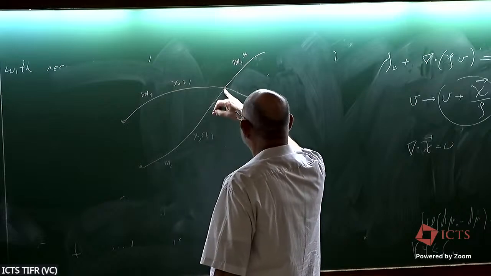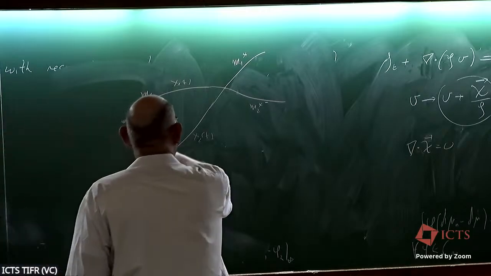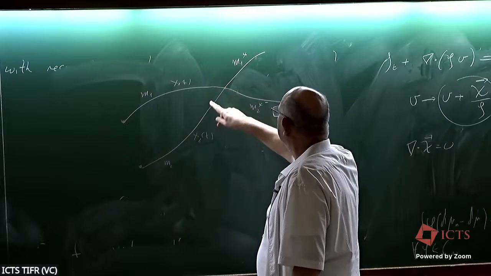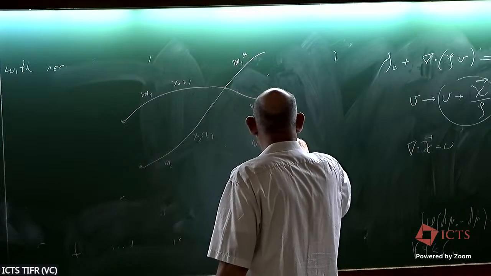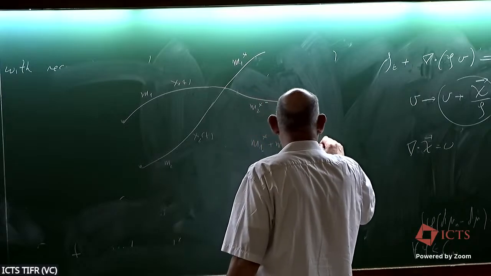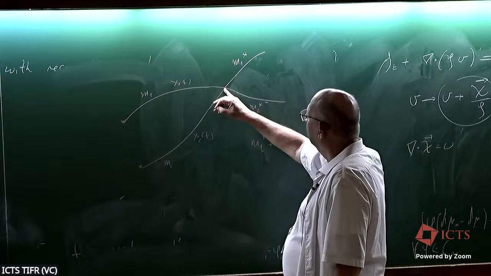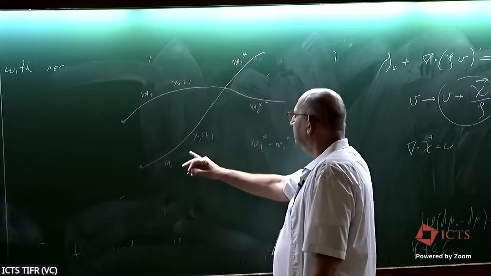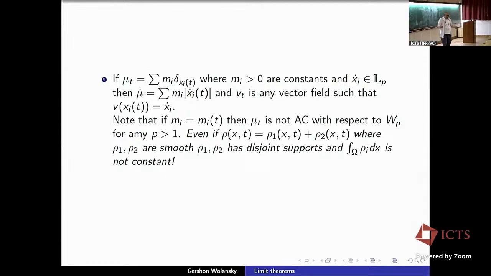Why is that? Because when they meet, they can exchange mass. So such an orbit, even if they intersect, can have a jump in the masses, provided, of course, M1 star plus M2 star equal M1 plus M2. The mass is preserved because you cannot gain mass from any other place. So this is an example where you can expect a metric derivative.